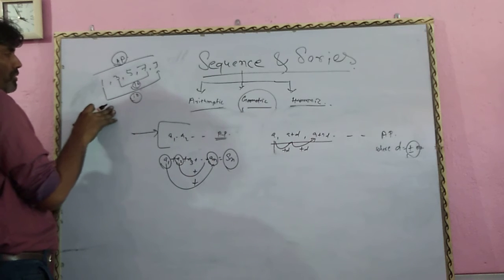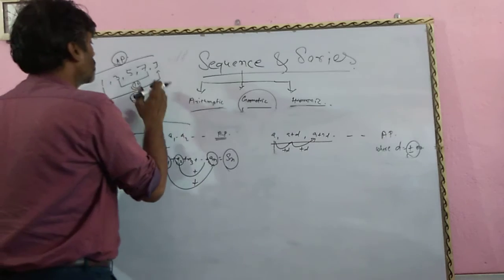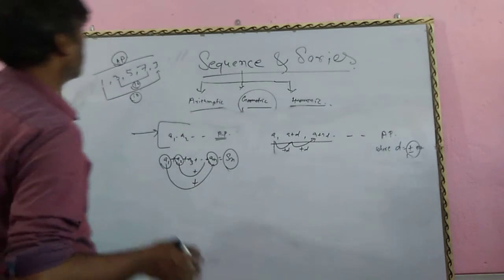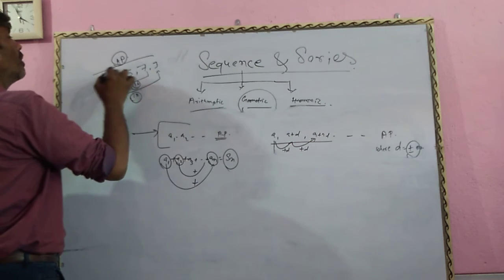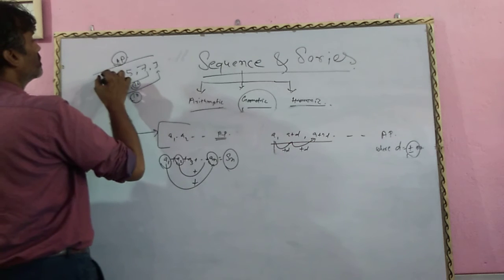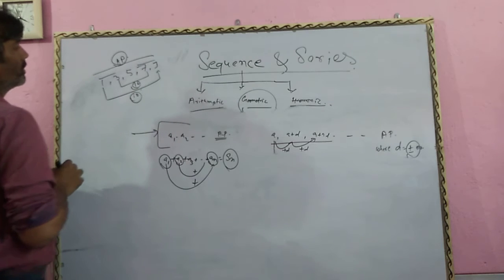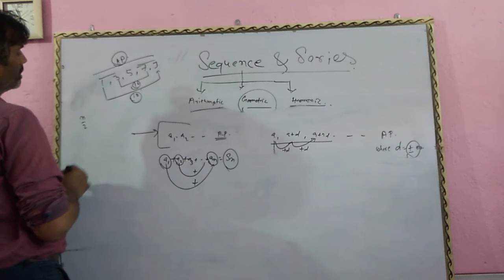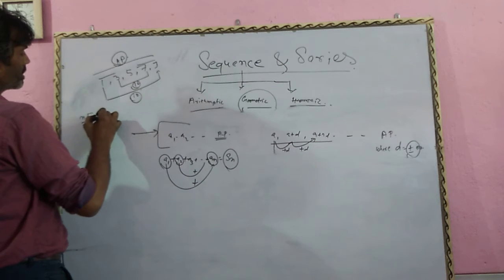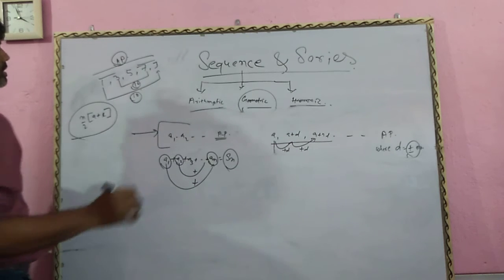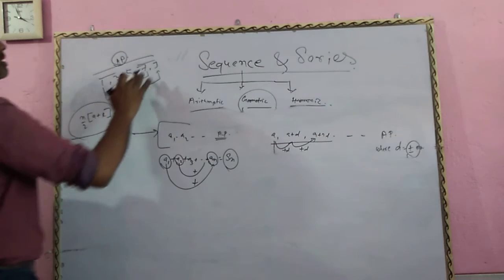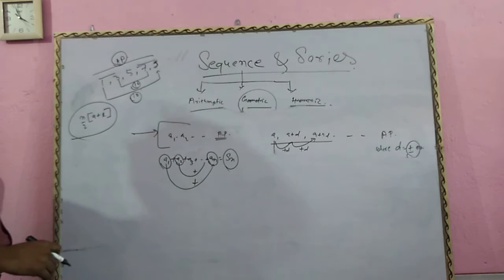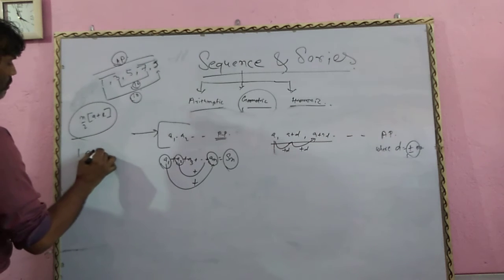Every term which is equidistant from the first term and last term, the summation of these terms is always constant. So if there are 4 terms, then n upon 2 multiplied by first term plus last term will be the summation, isn't it? Take another example: 1, 3, 5 and 7.